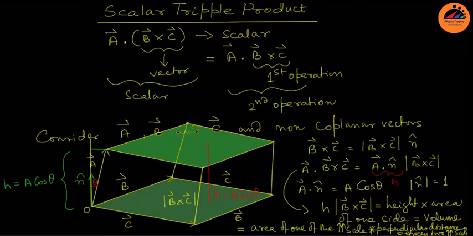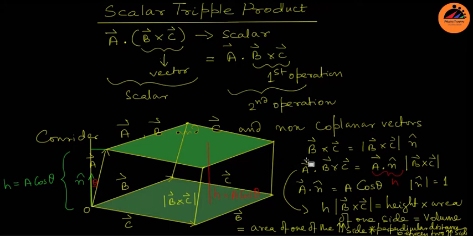Geometrically you can also show that in any way you take, you will get the volume of the parallelepiped, except you may get a negative sign, but the magnitude of A dot B cross C is basically the volume of the parallelepiped.